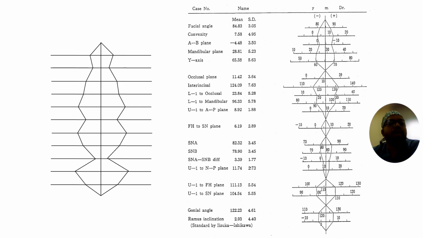The center line of this polygon is the average value, and the range lines are drawn from the left maximum and right maximum. Then we place our values one by one, and draw a red line connecting all the values. Then we can understand whether a particular angle is increased or decreased.